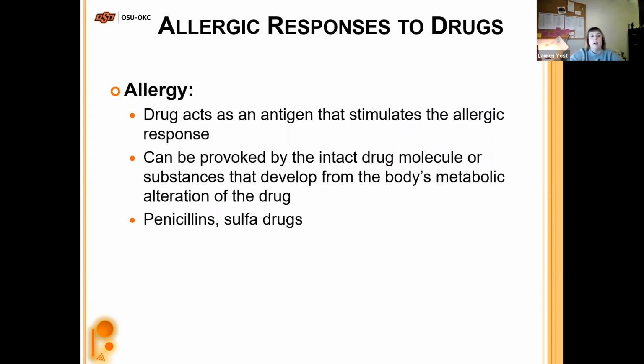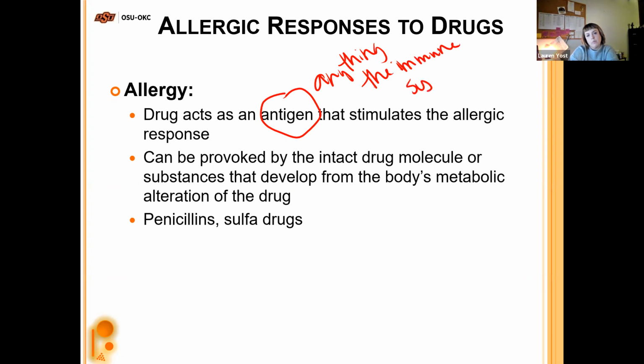All right. We're talking about allergies, and we're going to get into exactly what allergies are in a couple of chapters, but we're talking about allergic reactions to the drugs themselves. Just briefly, the drug will be an antigen that stimulates the allergic response. An antigen is anything the immune system can specifically interact with.